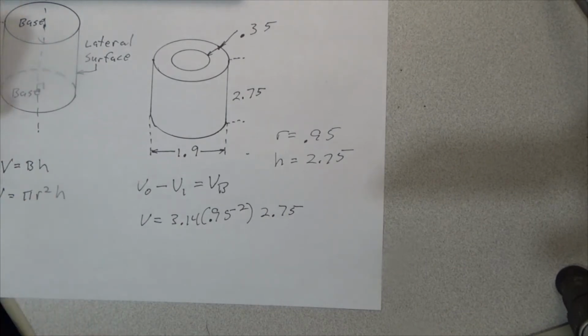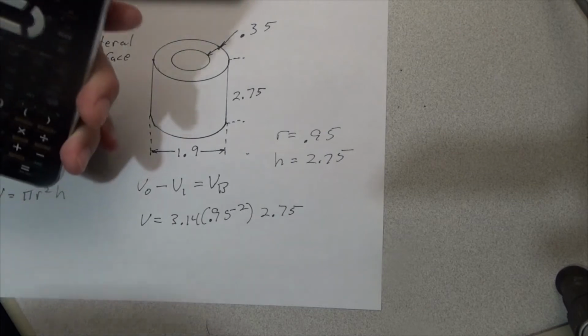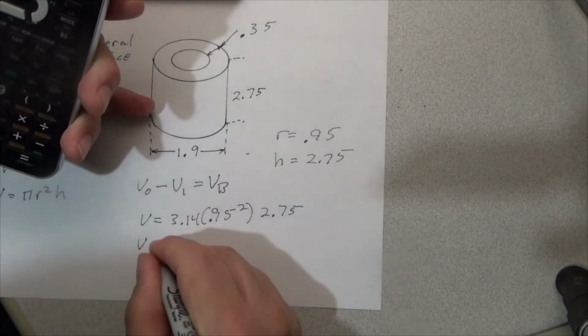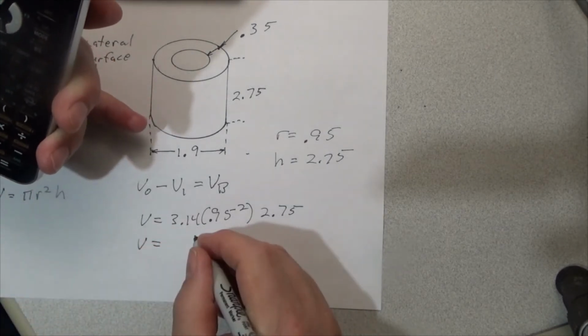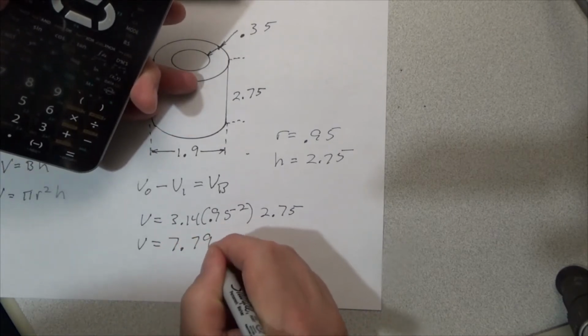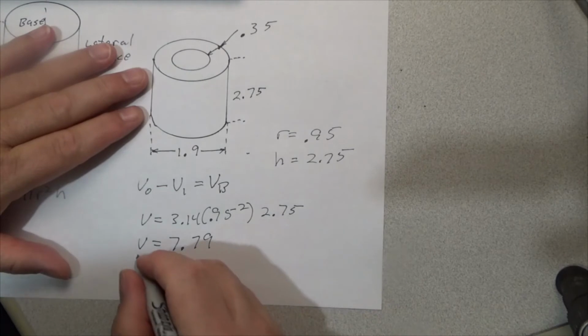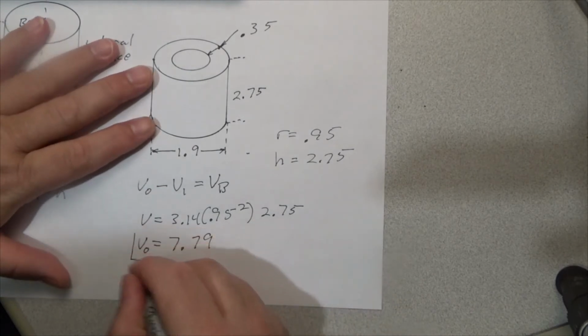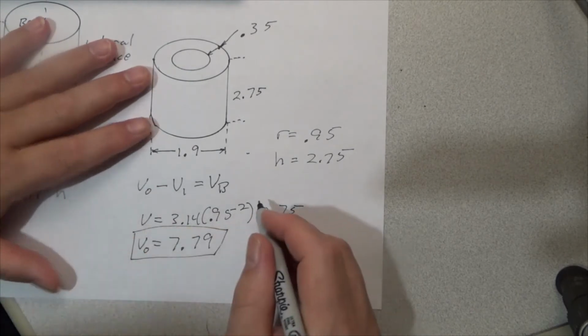And this volume is equal to 7.79. Okay, so that's the outer volume.